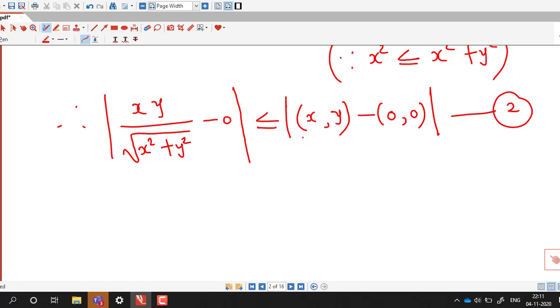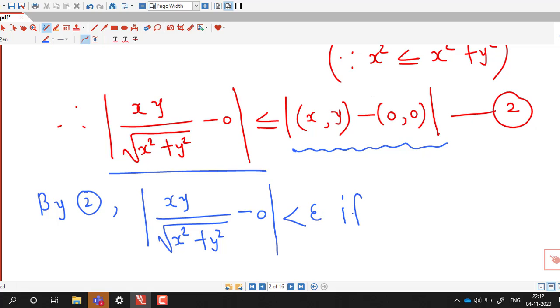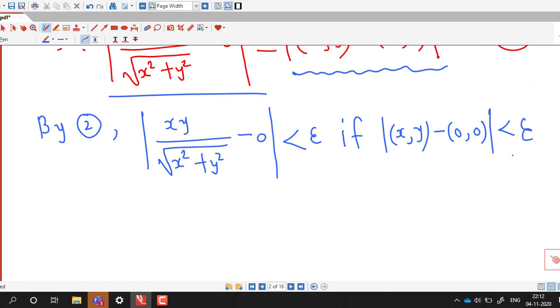So from 2 we can see that if this distance is less than epsilon, then this is also less than epsilon. So by 2 we can write xy over square root of x square plus y square minus 0 is less than epsilon if distance between (x, y) and (0, 0) is less than epsilon. So this suggests that we have to take delta equal to epsilon.